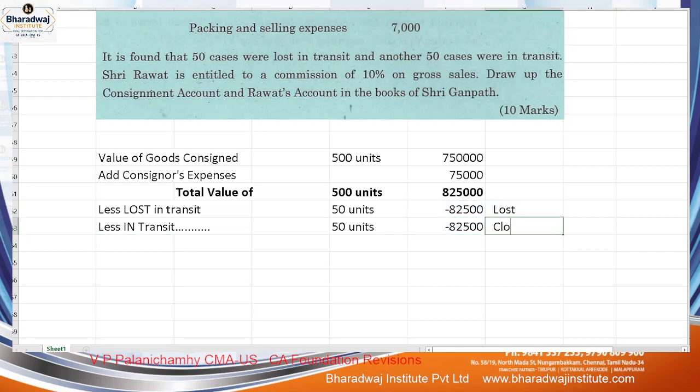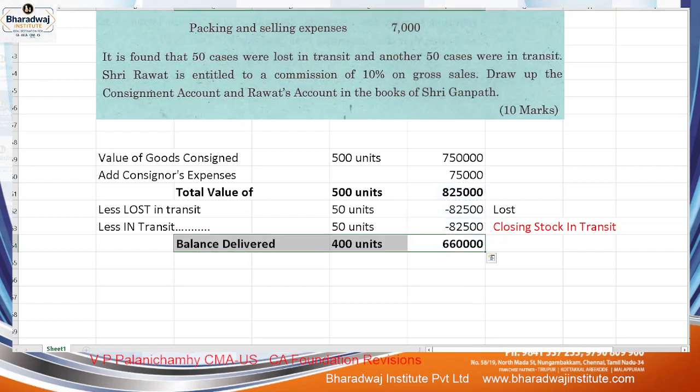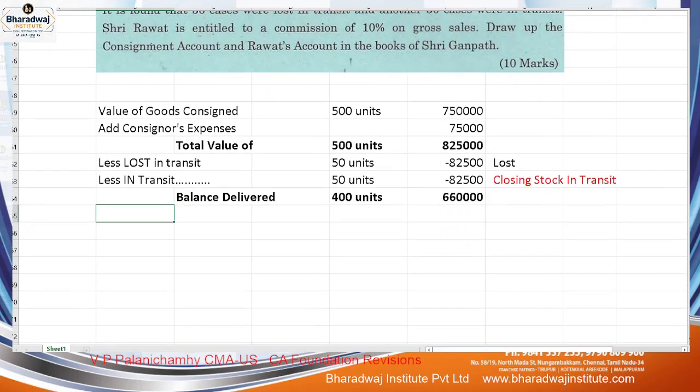This is closing stock, closing balance in transit, to be delivered, not delivered. So balance delivered: 400 units delivered. 6,60,000.